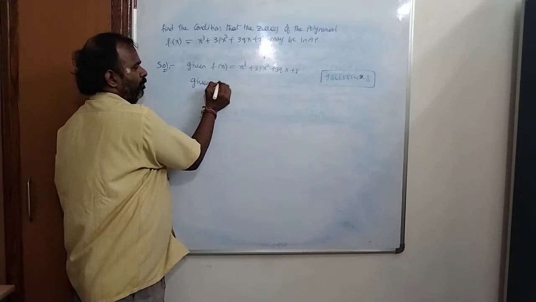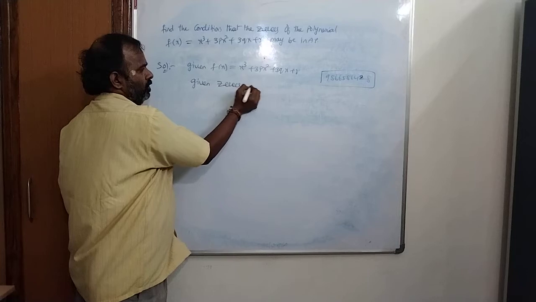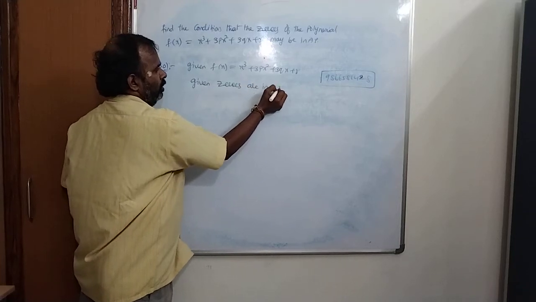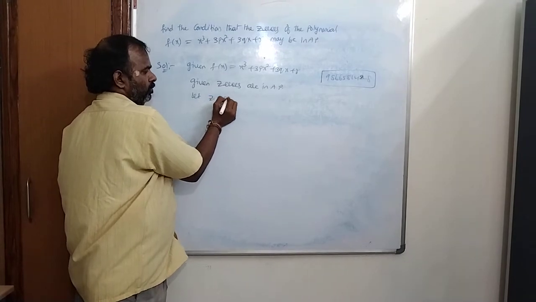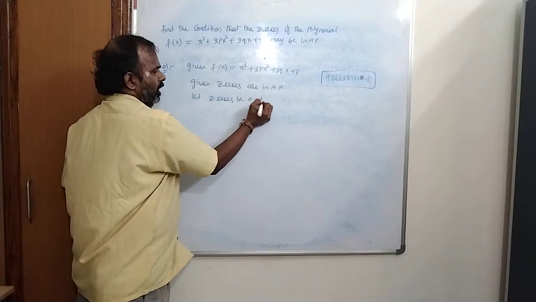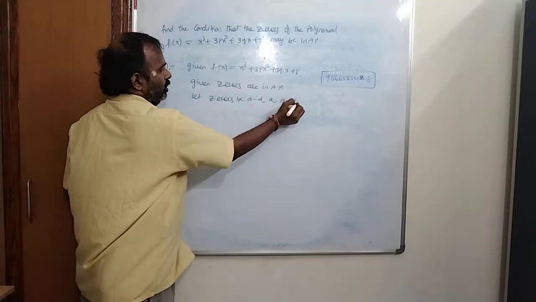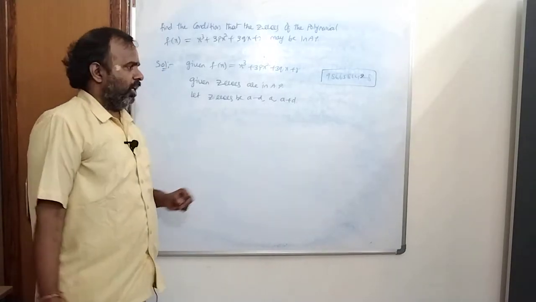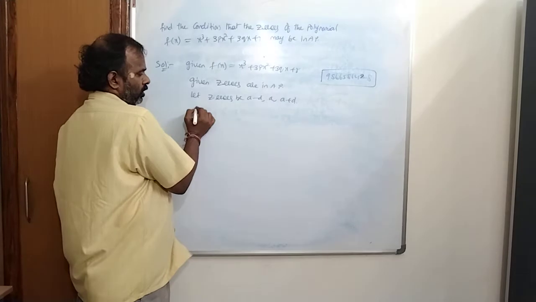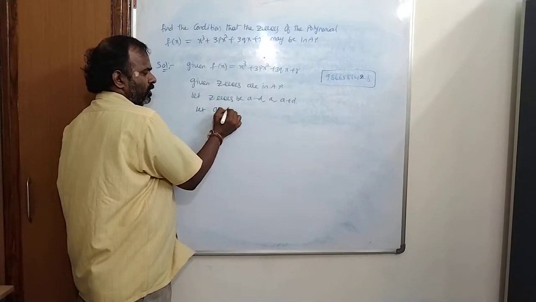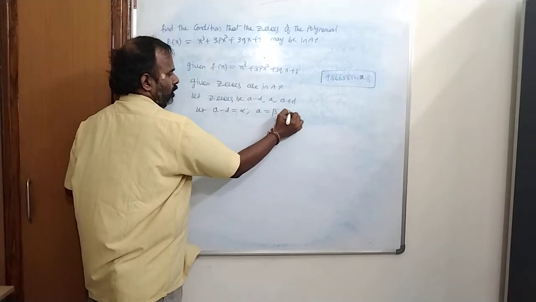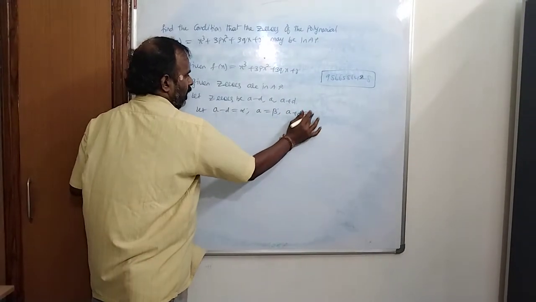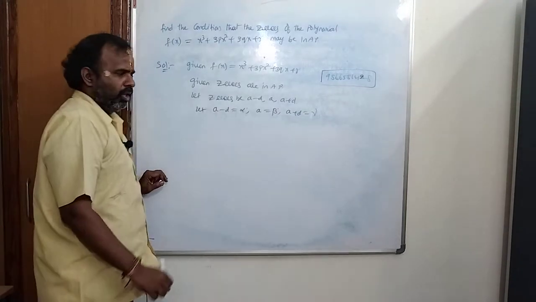Now given zeros are in AP, so let zeros be a minus d, a, a plus d. Now let a minus d is equal to alpha, a is equal to beta, a plus d is equal to gamma.